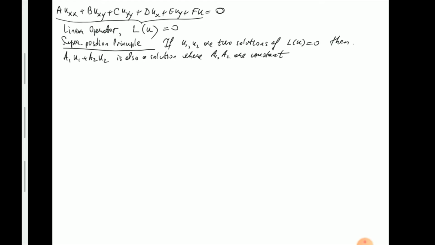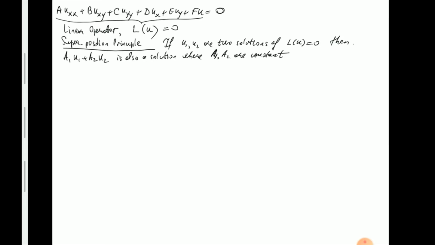And this is easy to verify. We're going to go over one quick example to illustrate. It's just the fact that the derivative, in this case the partial derivative, can be distributed across a summation, and you can pull the constant out of the differentiation. Nothing more special than that, right?